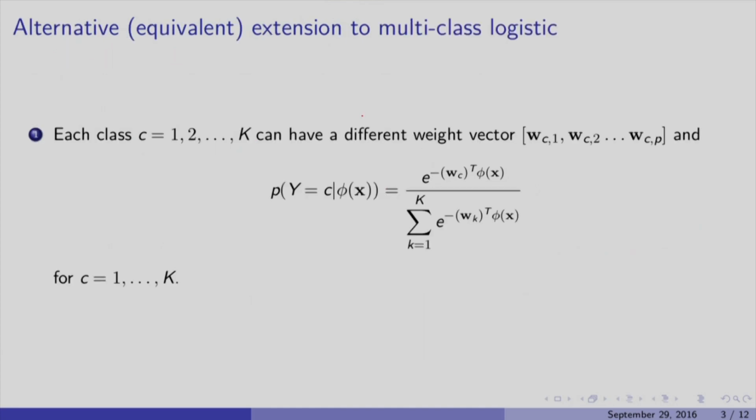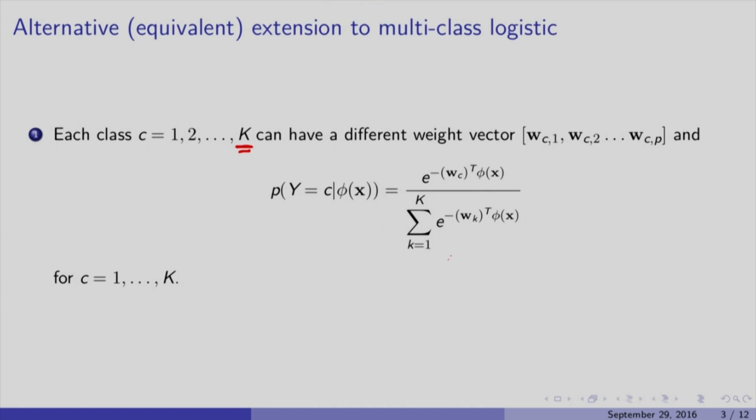One can however be a bit more lenient in parameterization and have weight vectors for all the classes. So here is the weight vector for the cth class, and we are going to do this for all the k classes.